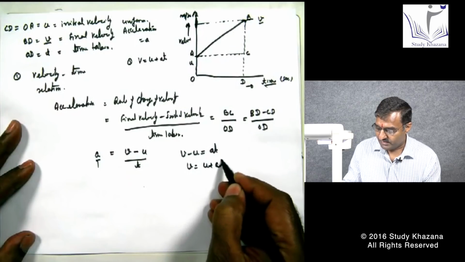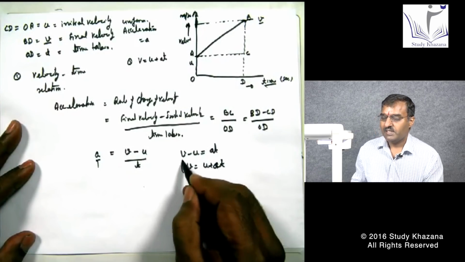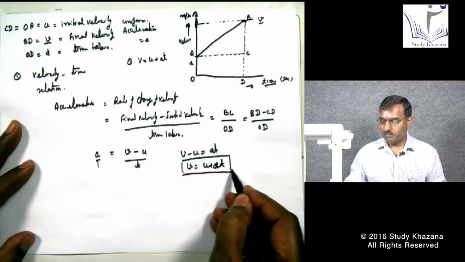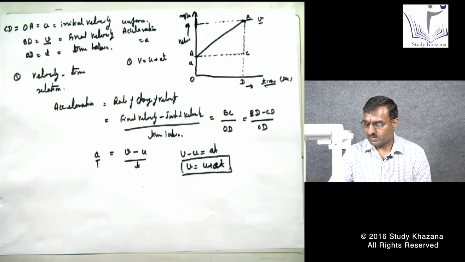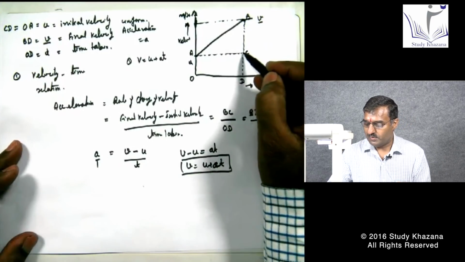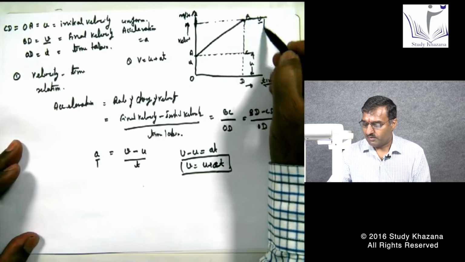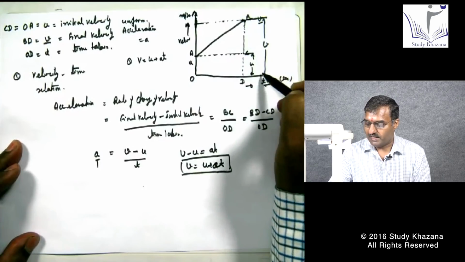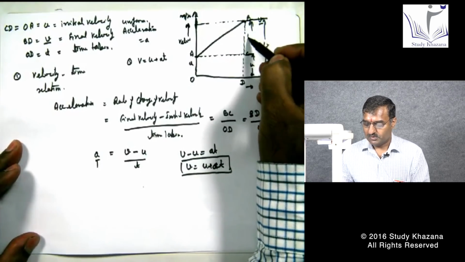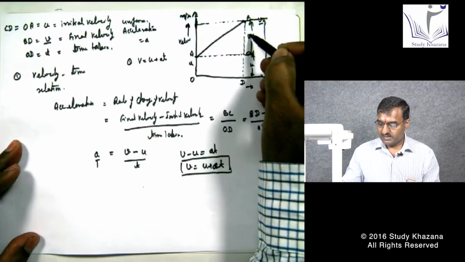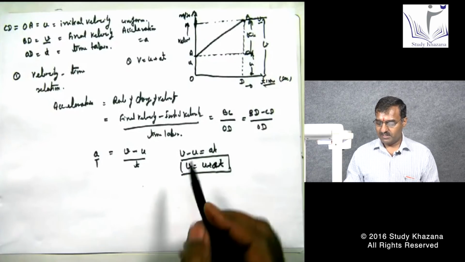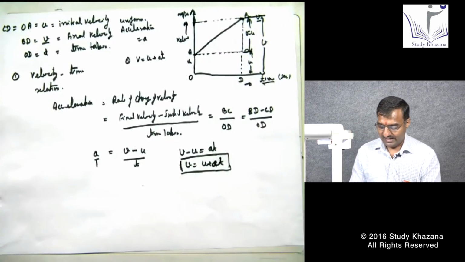So this is the first equation which we have derived from this graph. This is very simple. This is your U and this is your V, and this is V minus U. So this is the first equation of motion, a simple velocity-time relation, V equal to U plus AT.